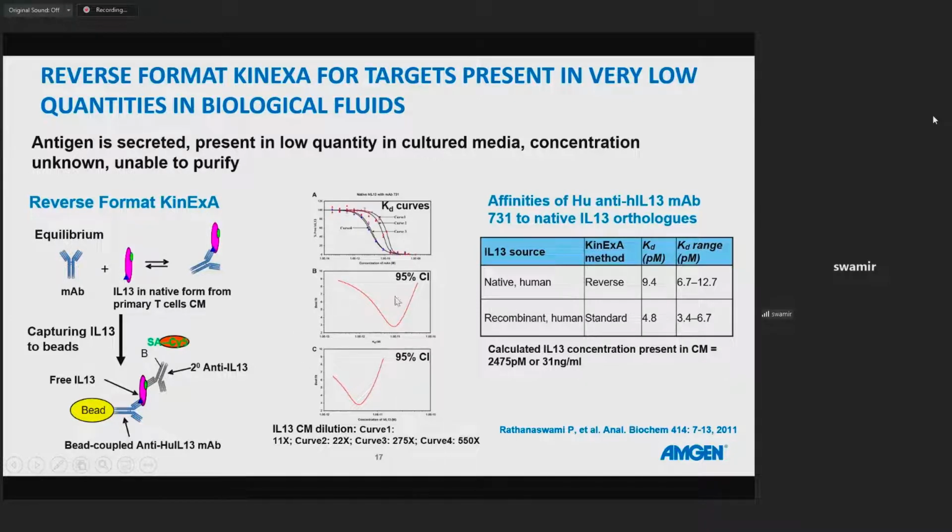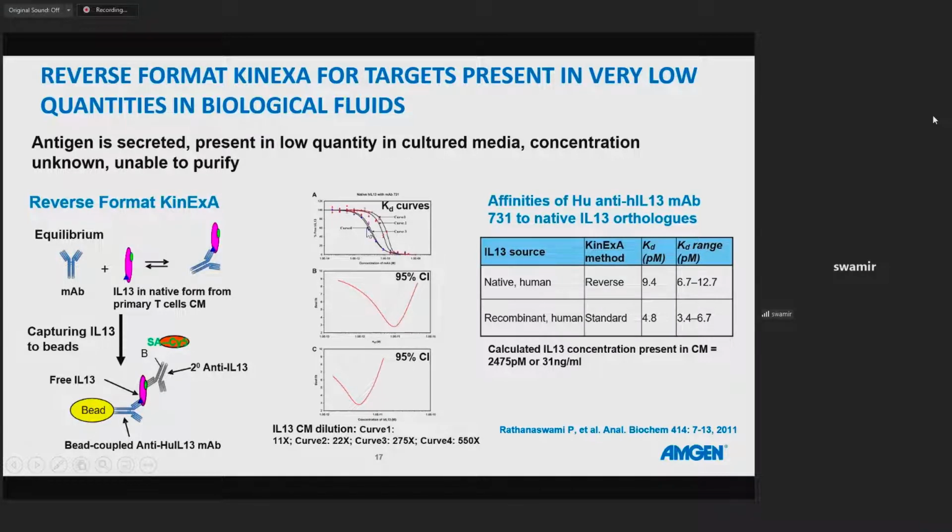And measure the KD. Here is an example where we have cultured media which has IL-13, and we diluted the IL-13 cultured media from neat, or 11-times dilution, to 550 times dilution.